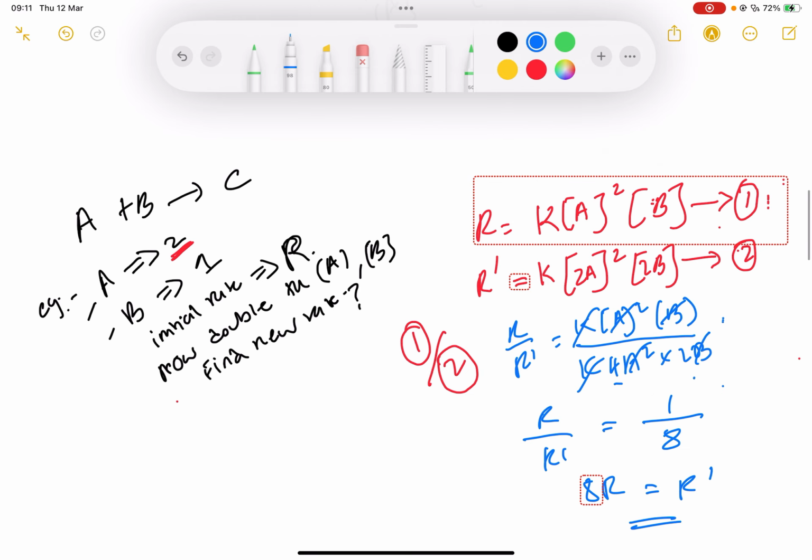So this is how we write the rate expression, the rate law. Anyway, what you should do is K times the concentration of the reactants. There can be 1 reactant, 2 reactants, and the orders will differ. It depends.